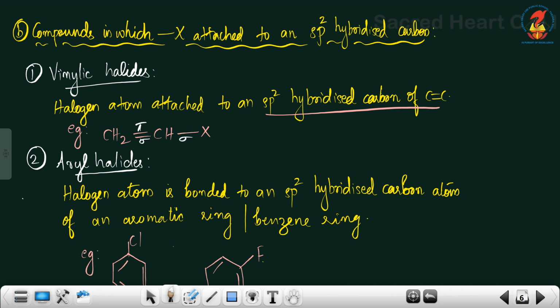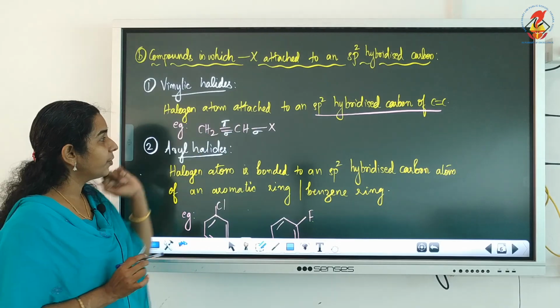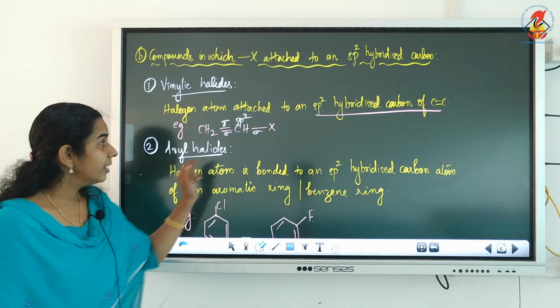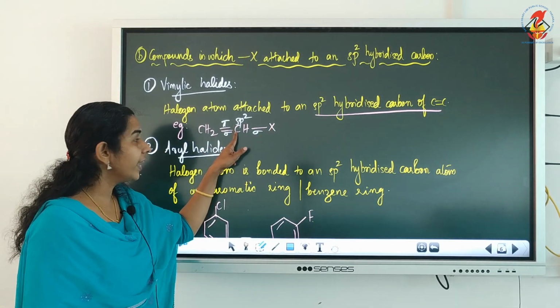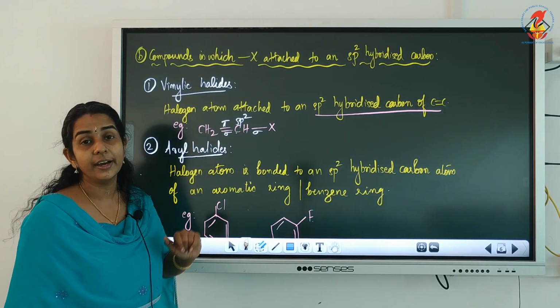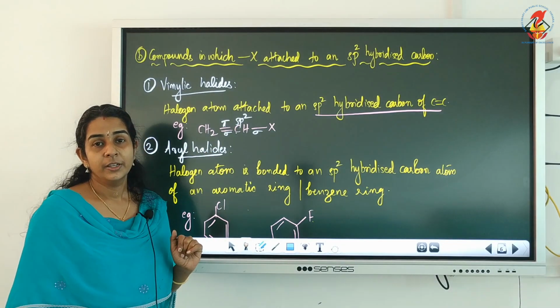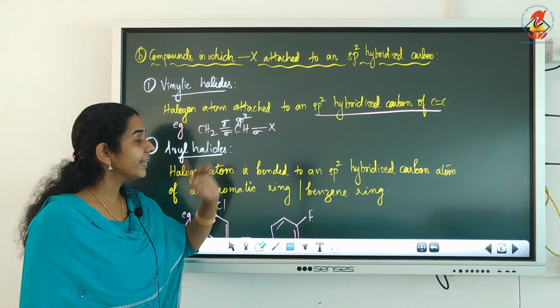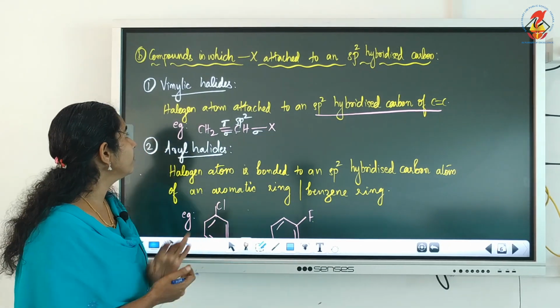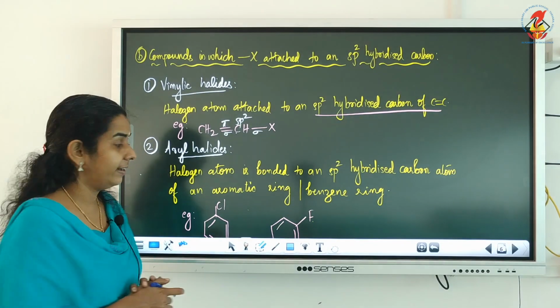So what is the hybridization of this carbon? Surrounded by one pi bond means it is sp2. So here X is attached to an sp2 hybridized carbon of a carbon-carbon double bond. Clear? That means X is directly attached to a double bonded carbon, and such compounds are known as vinylic halides.